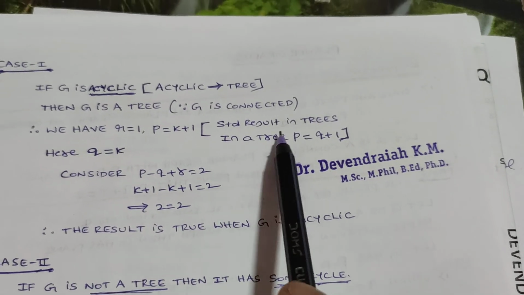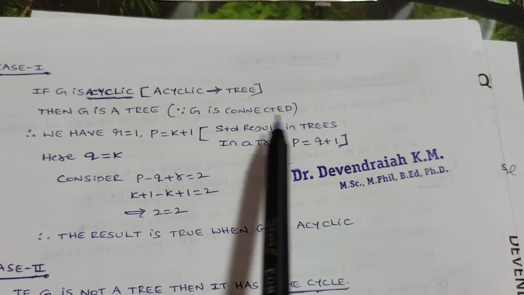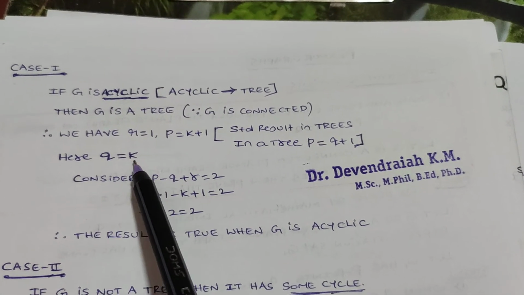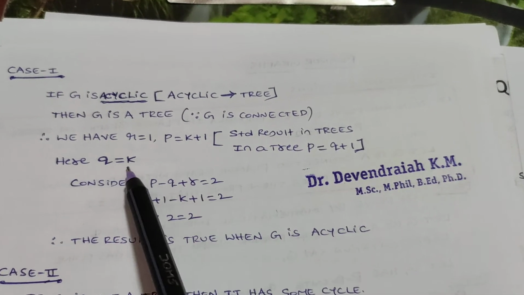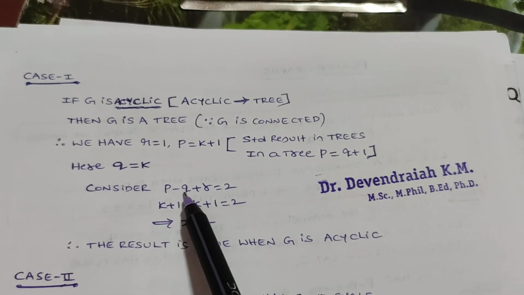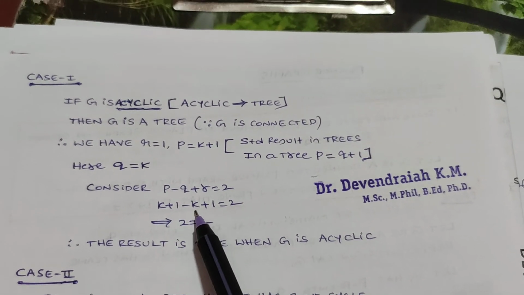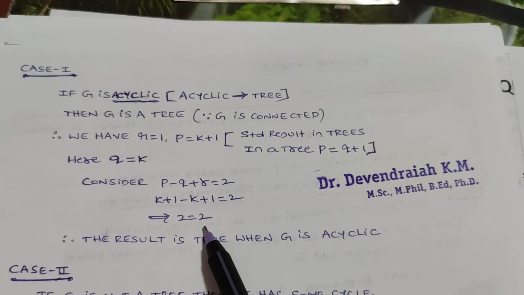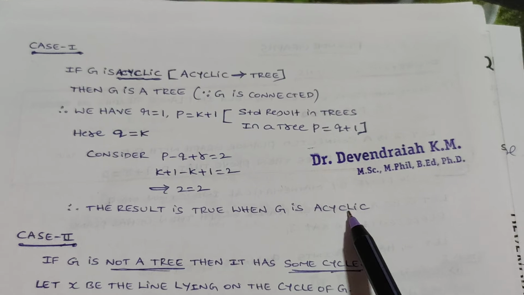In a tree, the number of vertices is Q plus 1, and here Q equals k. So P minus Q plus R equals 2 gives k plus 1 minus k plus 1 equals 2. Once again 2 equals 2. Therefore the result is true when G is an acyclic graph.